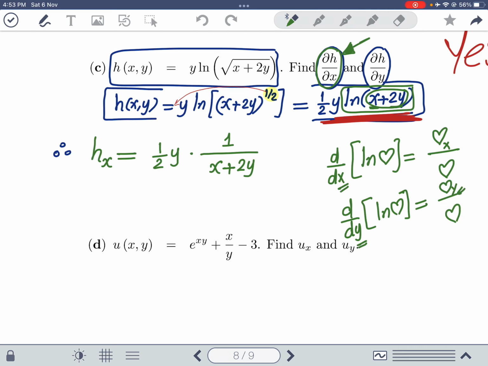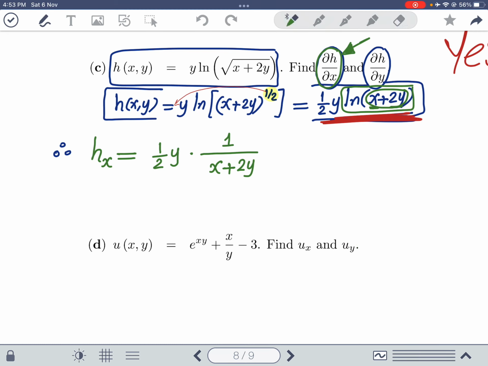If they ask for x, you take x. Y, you take the derivative with respect to y. Good. So that is what we did in here for x. So that becomes y over 2 into x plus 2y. Very nice and compact formula. This is h sub x.